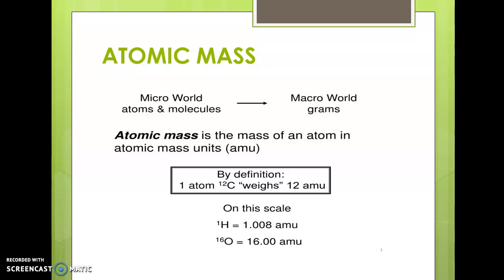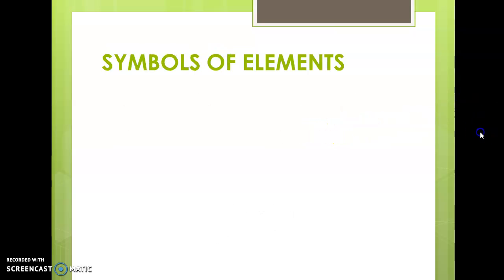Carbon is taken as the standard element to measure the relative atomic mass. So the carbon-12 isotope is the element that is taken to calculate the relative atomic mass. One atom of carbon-12 weighs 12 AMU. Similarly, hydrogen and oxygen weigh 1 and 16 AMU respectively.